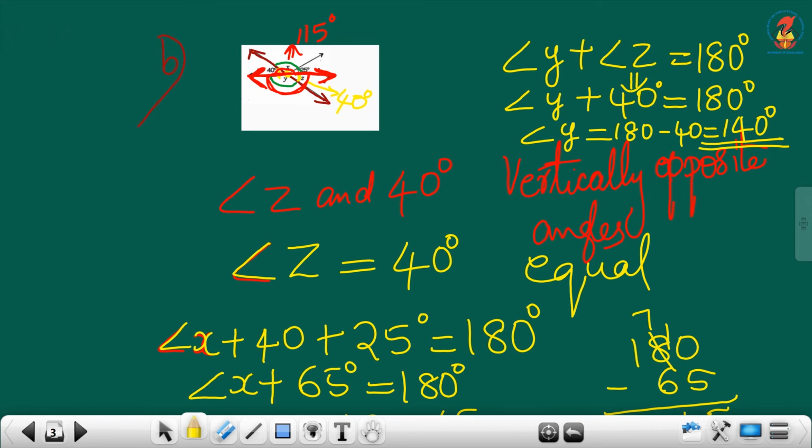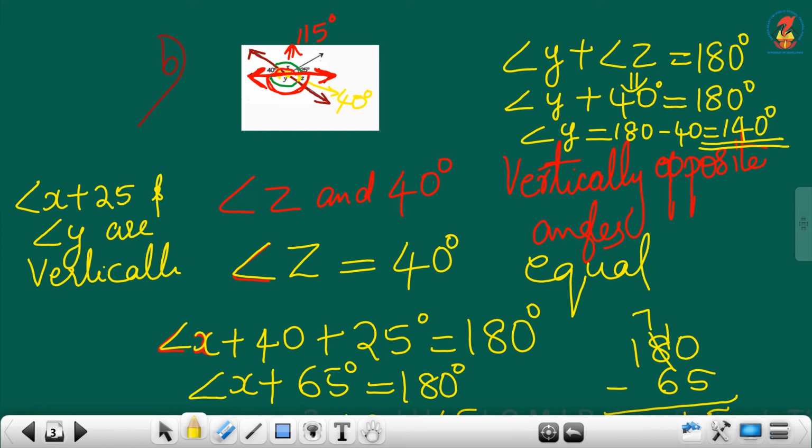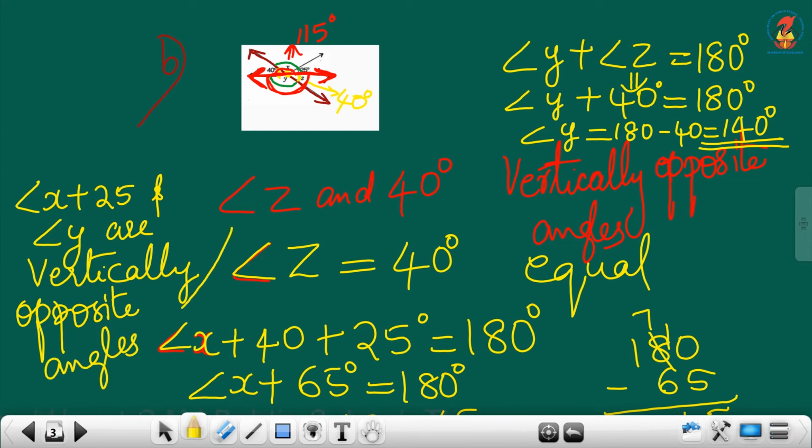Or you can find the value of Y as follows. Angle X plus 25 and angle Y are vertically opposite angles, and we know that vertically opposite angles are equal.